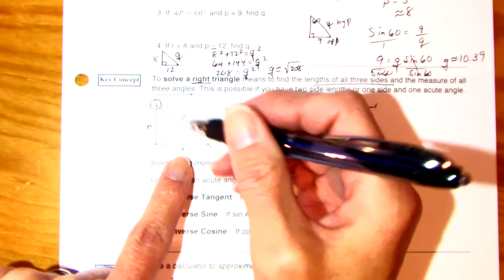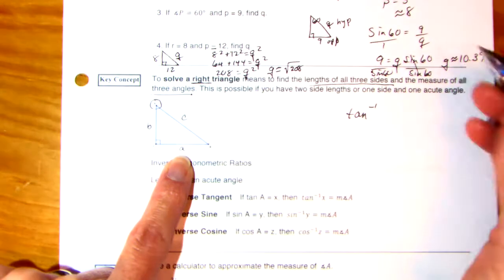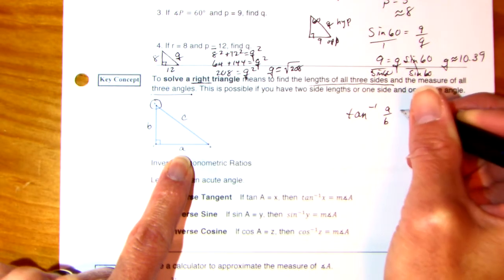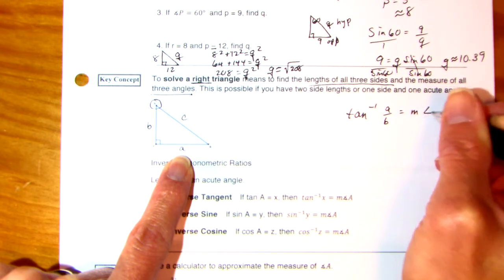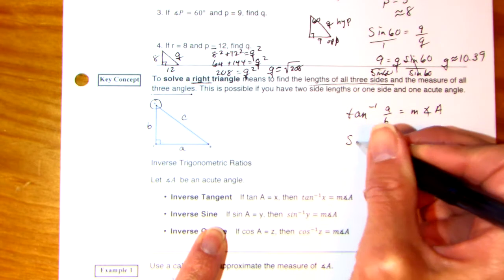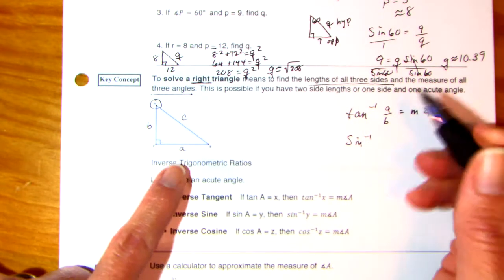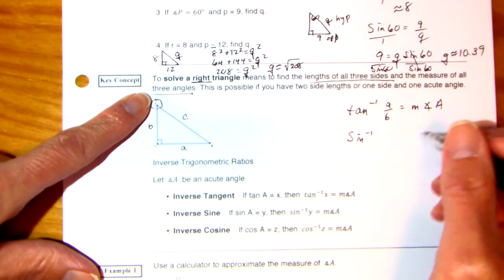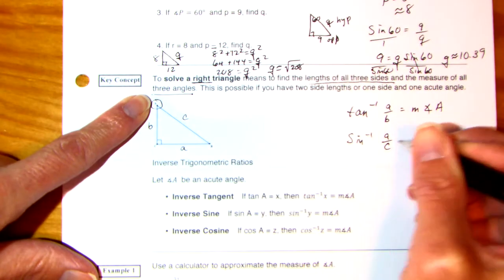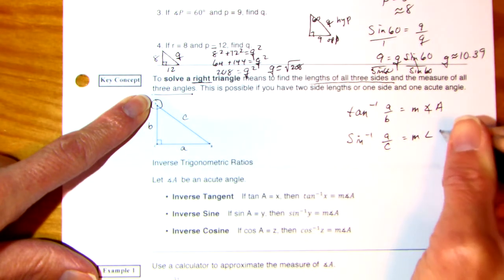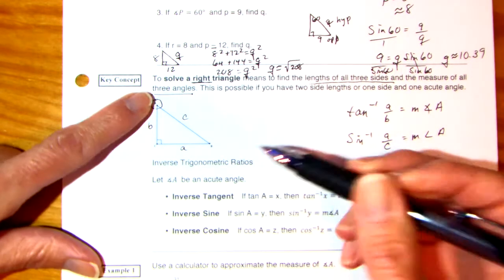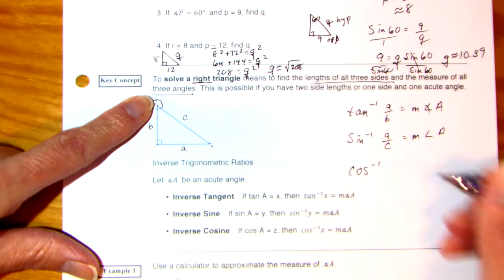Remember, tangent is opposite over adjacent, so a over b, and tangent inverse of that equals the measure of angle A. Sine inverse: sine of A is opposite over hypotenuse. And then cosine inverse is adjacent over hypotenuse.